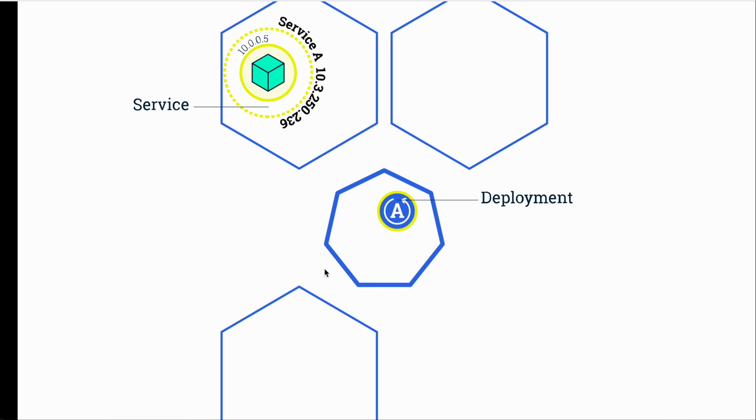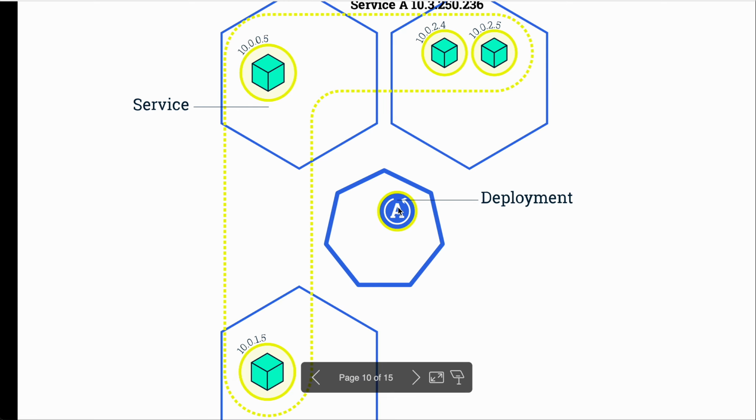Let's see, scaling. So a scaling event for a deployment is when I increase or decrease the number of pods. So here I have a single deployment right here. And as we scale that deployment, in this particular case, I have a bunch of different pods that are spread across multiple nodes.